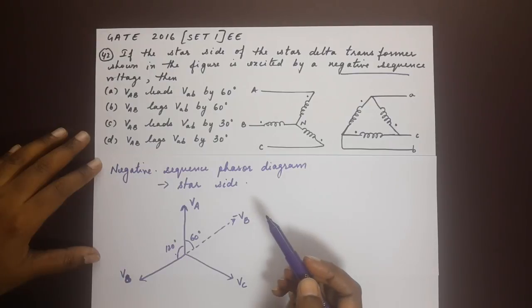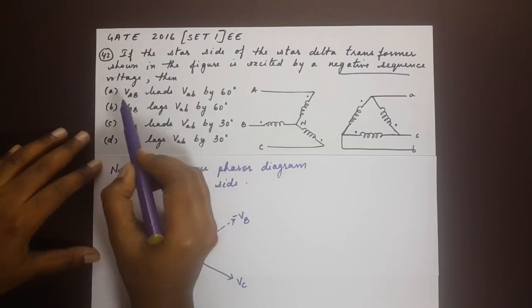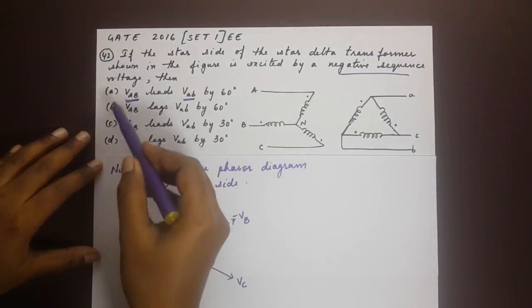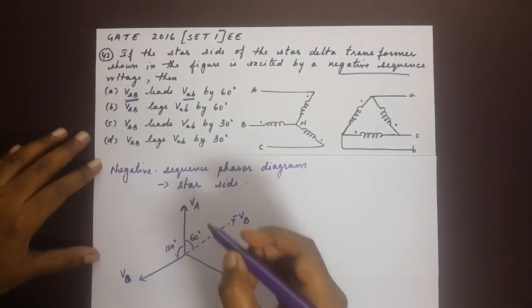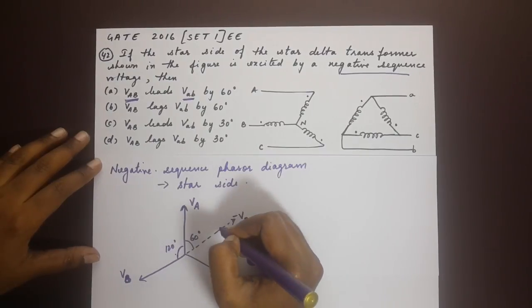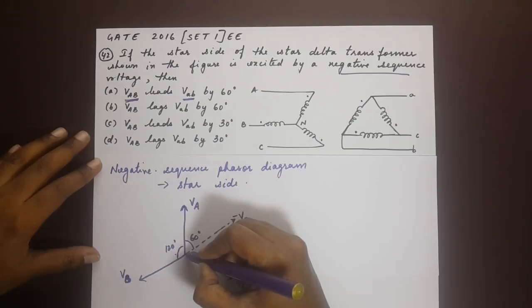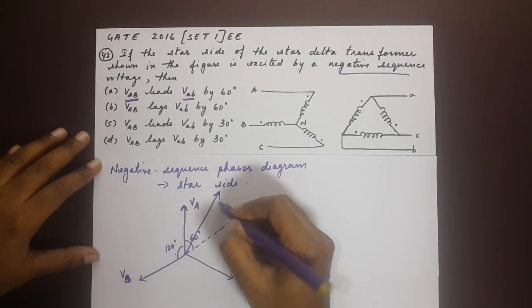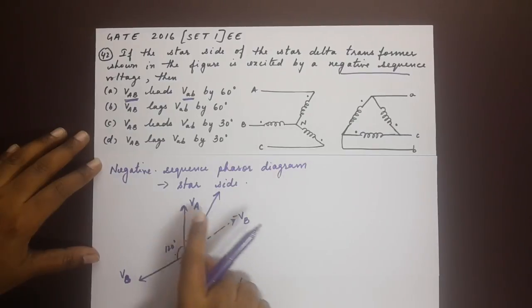Now since we are to find out Vab, we need VAB over here and we also need small Vab. So let's first calculate for VAB. Now VAB would be the resultant of these two phasors here, and the resultant of these two would be the phasor that goes right through the middle of both these phasors.